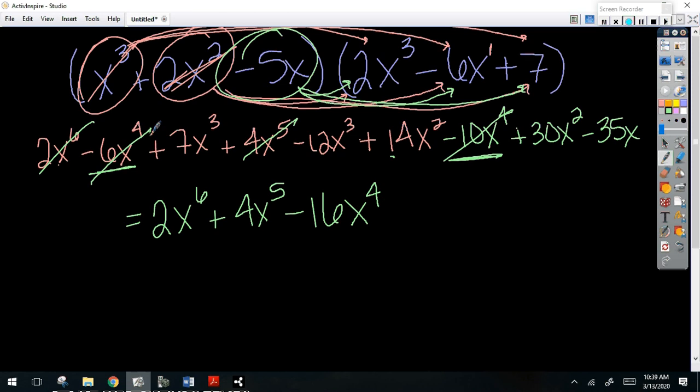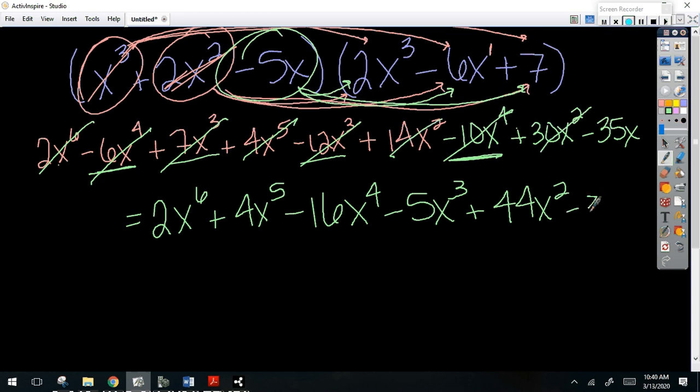Powers of 3, there's 7 and negative 12. So negative 5x to the 3rd. Powers of 2, 14 and 30. Well, that right there will be 44x to the second.